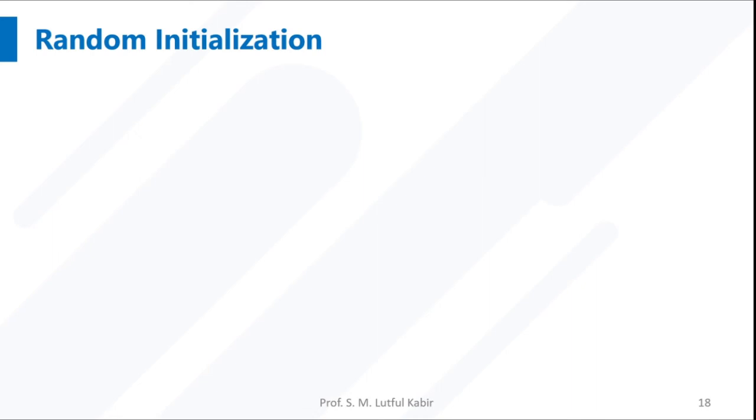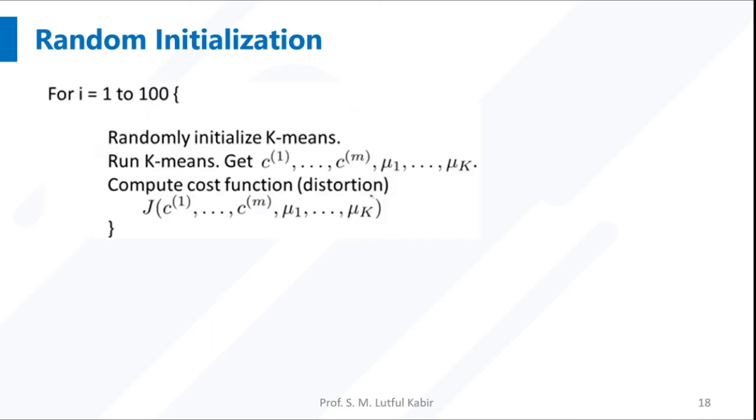This is achieved by random initialization in repeated form. For example, this loop has to be executed, i varying from 1 to 100. This 100 could be 50 to 1000, some value. The first step is to randomly initialize k means.